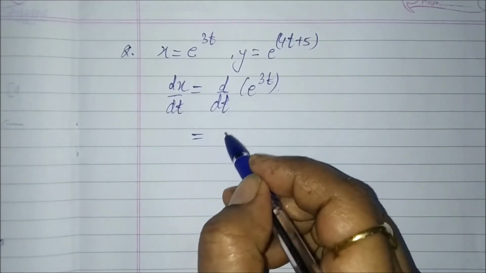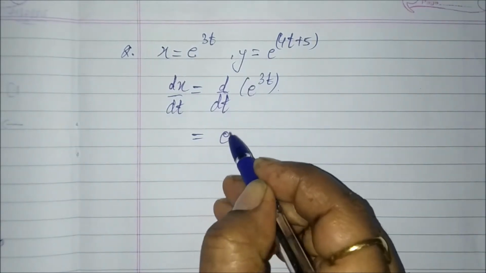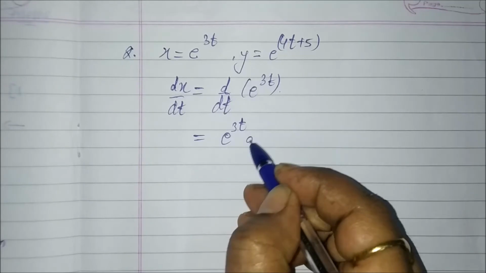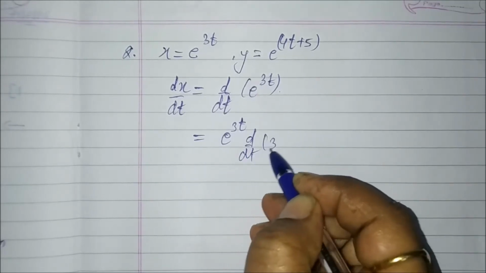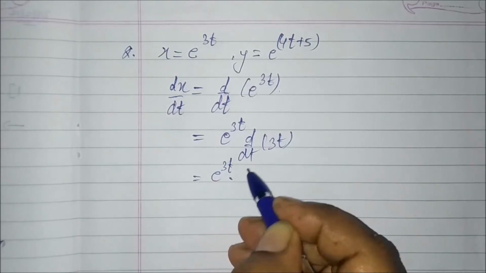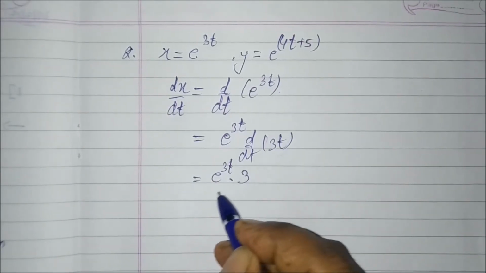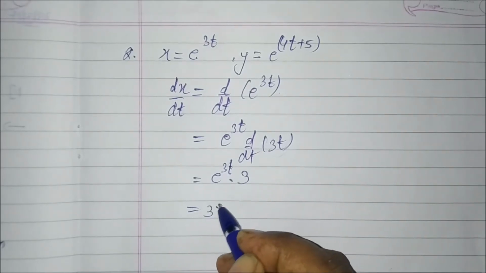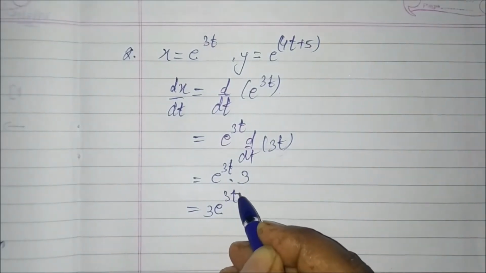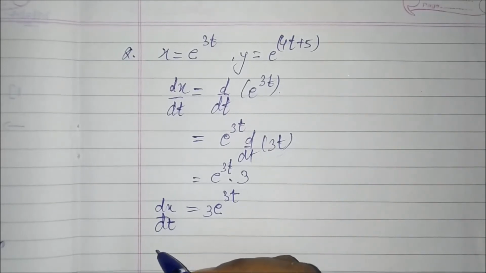Okay, the differentiation of e raised to x is the same, e raised to x, but d by dt of 3t. So e raised to 3t into the derivative of 3t, which is 3, so we get 3 e raised to 3t. This is dx by dt.